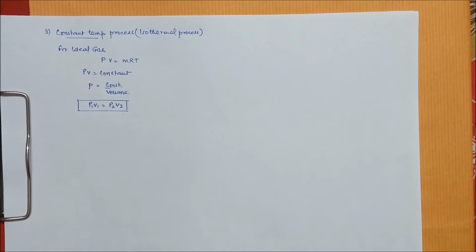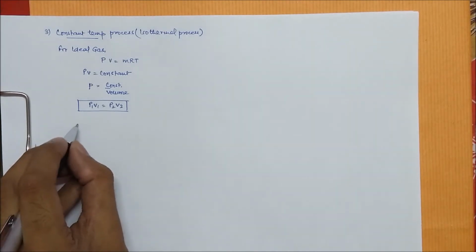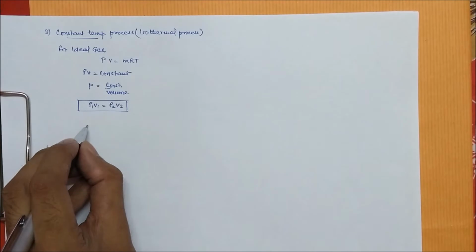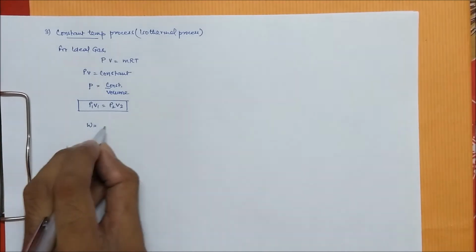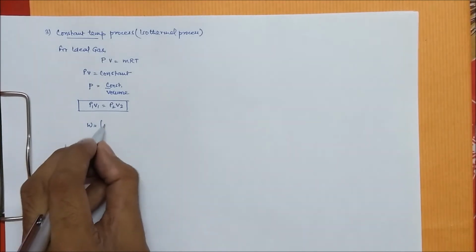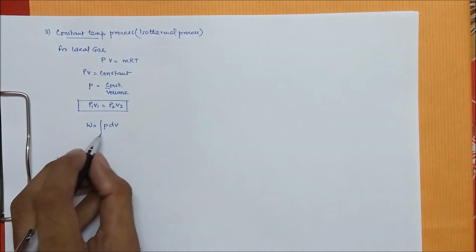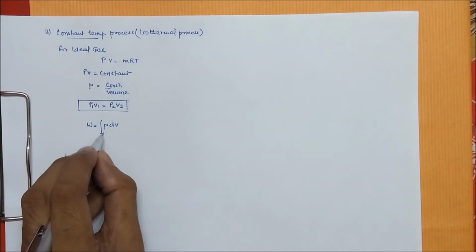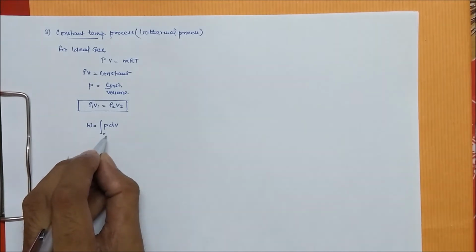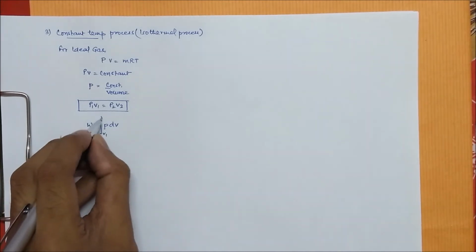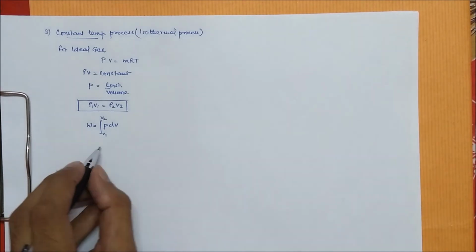Now, what is the general work done formula? That is integral P dV. The integral limits are from V1 to V2.